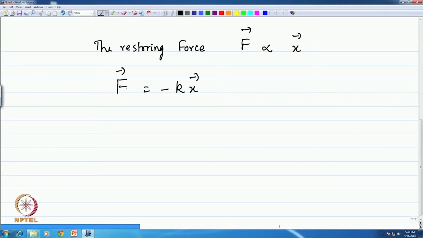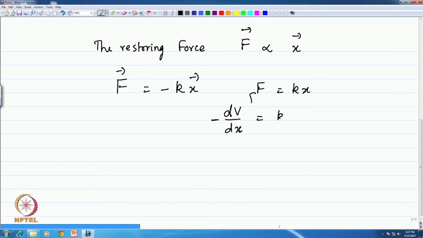We would assume that the force is in a direction opposite to that of the displacement, so we do not need to worry about the vector arrow here, but it is the negative derivative of potential with respect to the distance or with respect to the position coordinate.